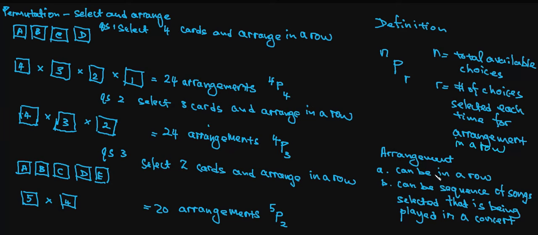This arrangement, like in this case, is in a row, but it can also mean, let's say you have a number of songs to select from, and the sequence in which the songs are played creates a different arrangement. So if your question is in this condition, then you use permutation. P represents permutation. Okay, that's it.